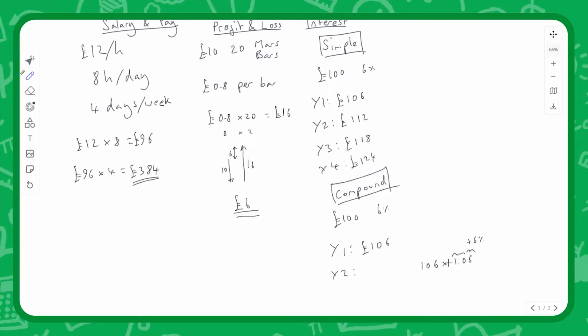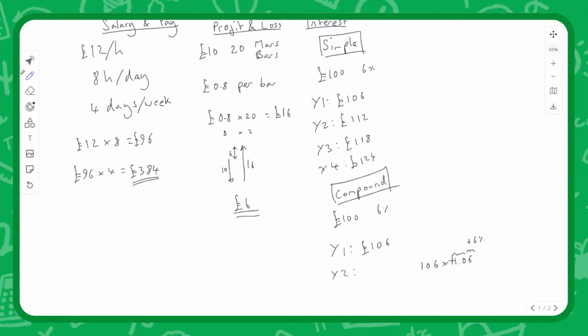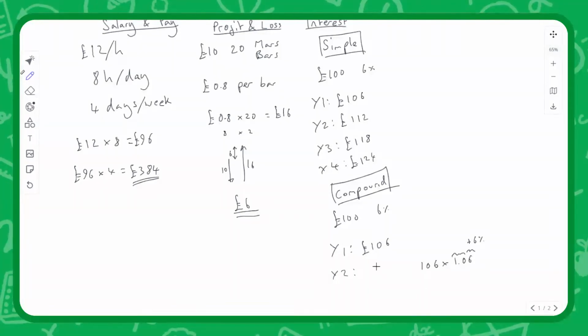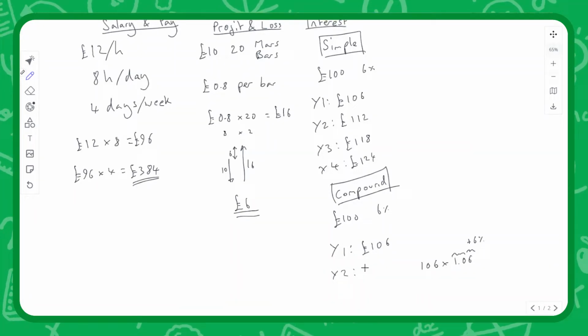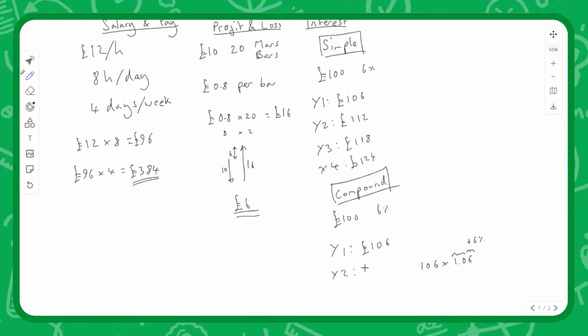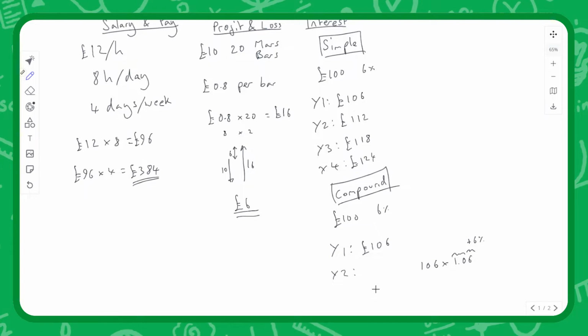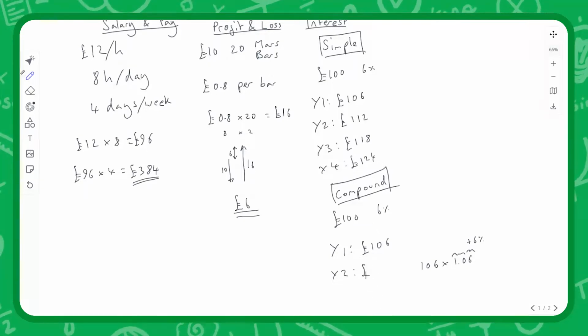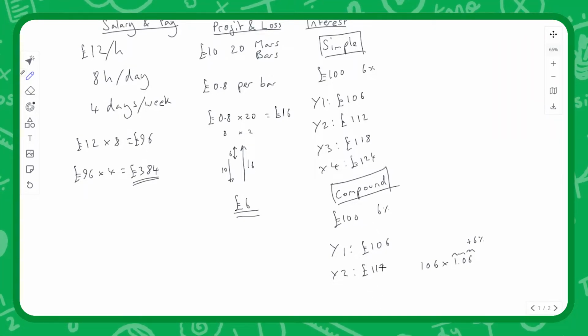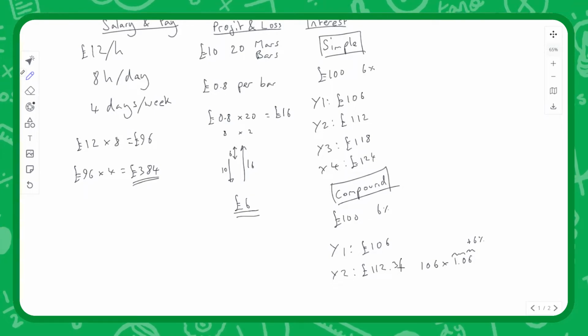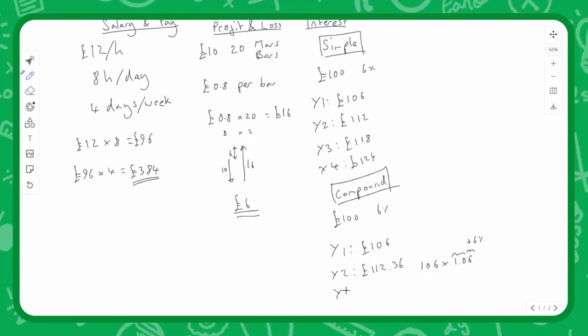If we just times it by 1, we'd end up with the original amount. We times it by 1.06, we add on that 6%. And so if we do that on a calculator, 106 times 1.06, we end up with 112.36. So £112, 36p.